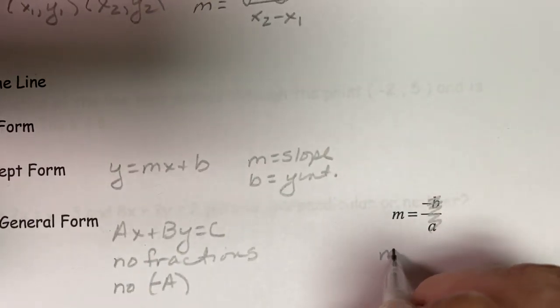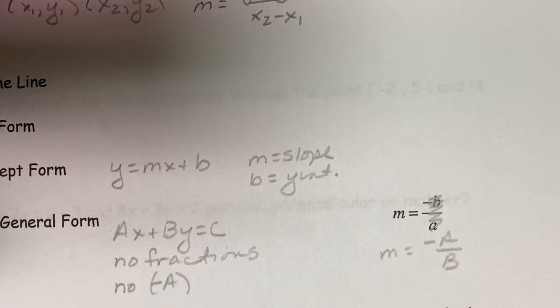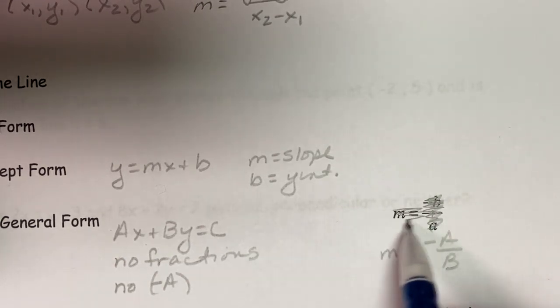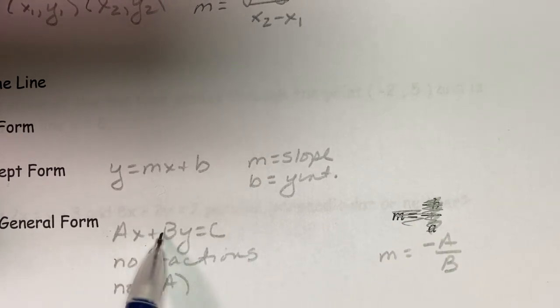The slope would be negative a over b. So whatever this is, you could take negative a and divide it by b, and that would give you the slope of the line. You don't have to change it to slope-intercept form. So I'm going to show you in an example how to do that.